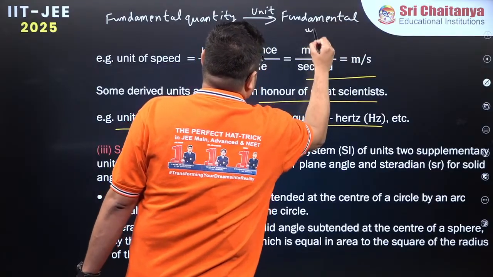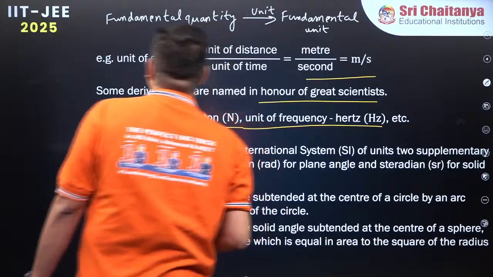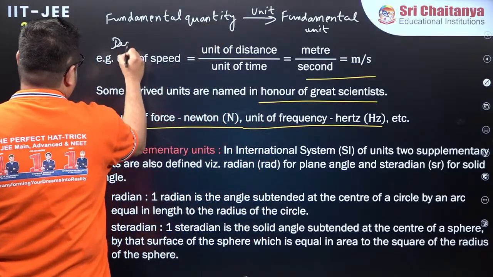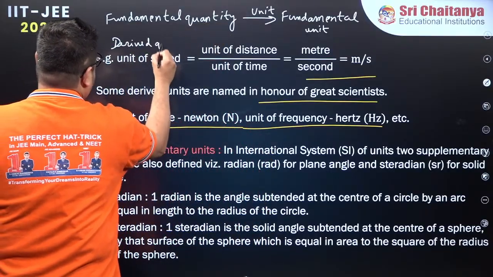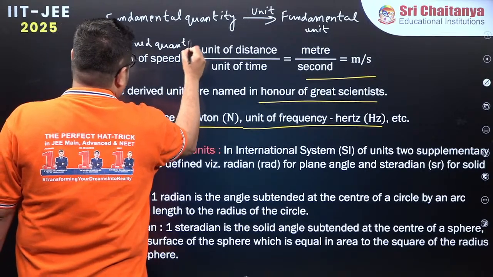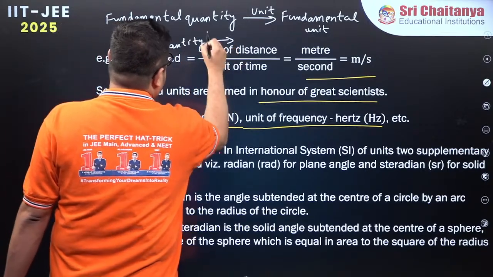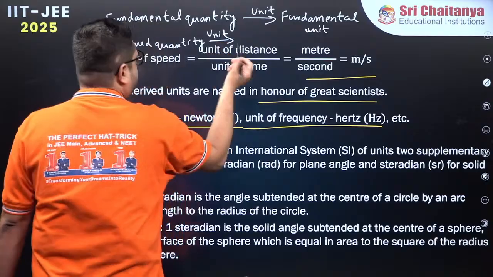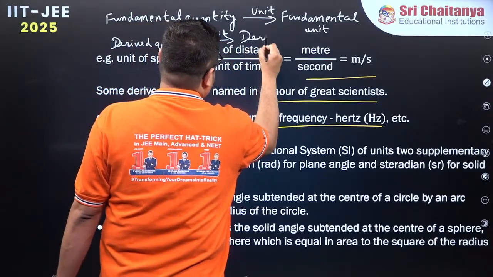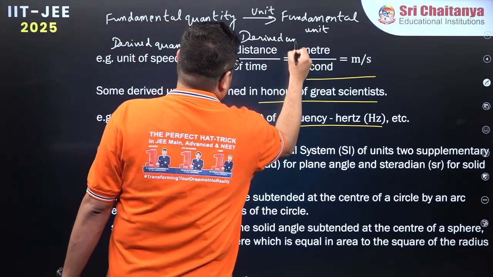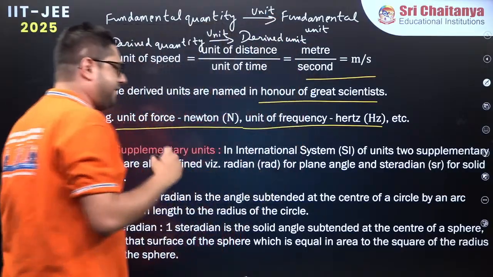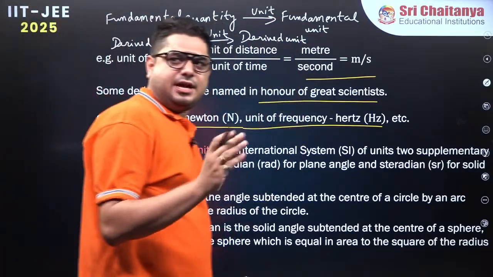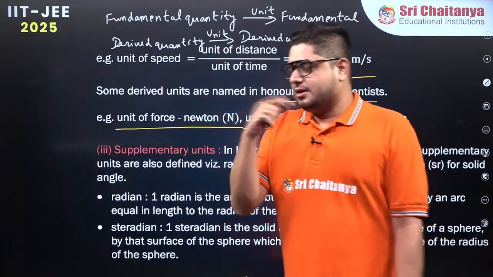And if I consider a derived quantity, the unit is known as the derived unit. That is what they are trying to say in this context. I hope it's clear.